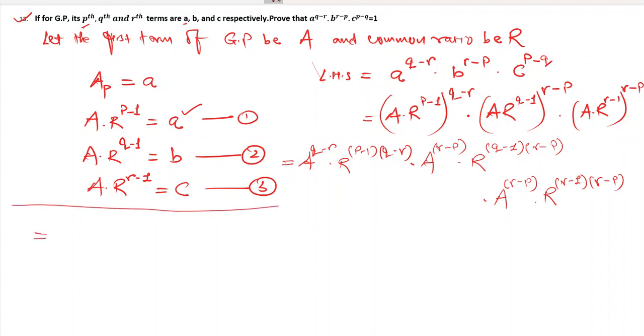Let's draw a line over here, right? Let's start. So capital A raised to q minus r into capital A raised to r minus p into capital A raised to... hey, how did I get 2r minus p? The last one was p minus q. See, again I made a mistake here.